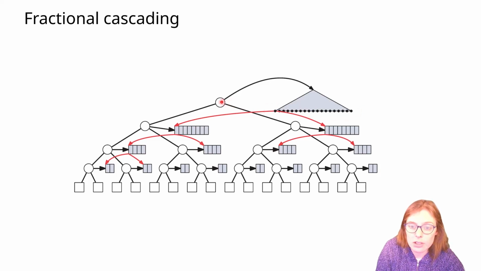So if we select, for example, any branch of a tree, here I'm going to select the leftmost branch, then the points that are stored in the associated structures are exactly forming this sequence of sets. This is set S1, and each next set is a subset of the previous set. Between each two sets, we're going to create these pointers between the same values or between a value and its successor in the next set.